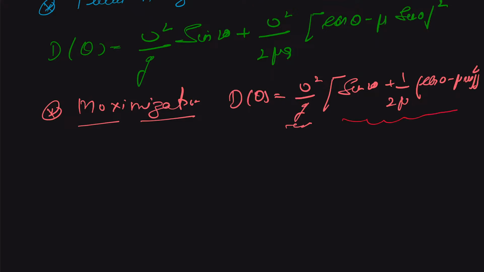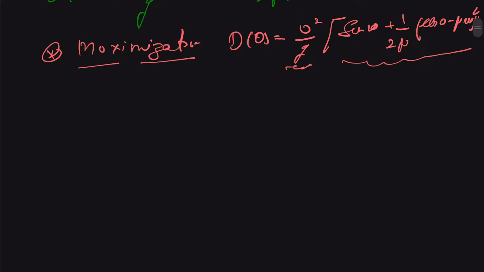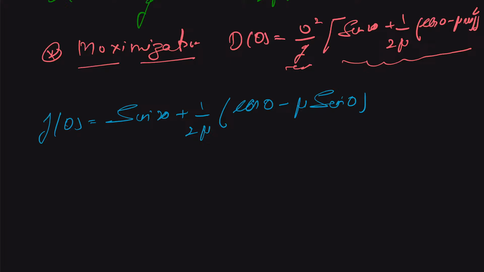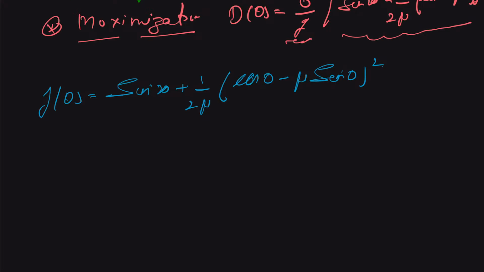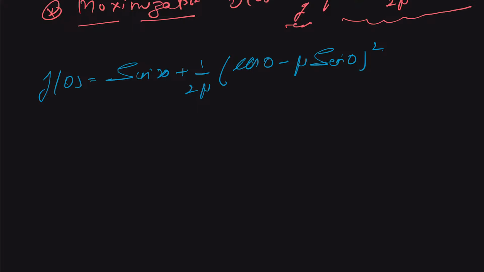So we are going to use a trigonometric identity. And for that, let us assume that this function is our f of theta. f of theta is equal to sine 2 theta plus 2 mu, cos theta minus mu sine theta whole squared. And we are going to solve this equation, and let us expand the square and use the trigonometric identity.